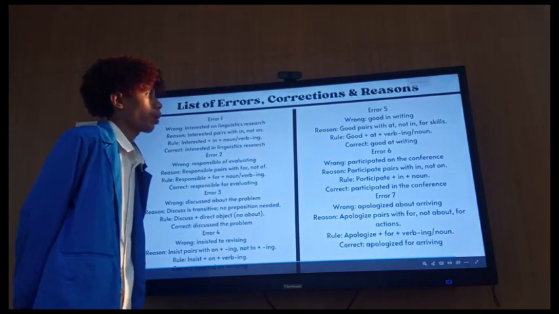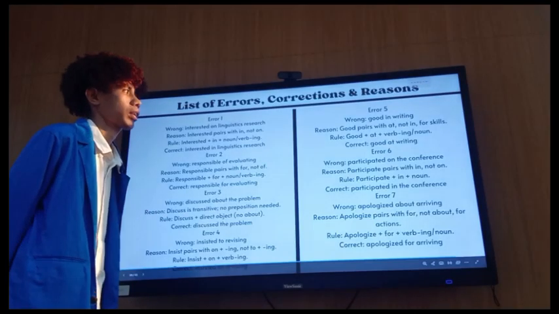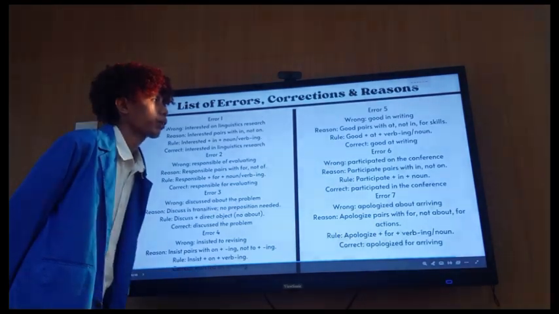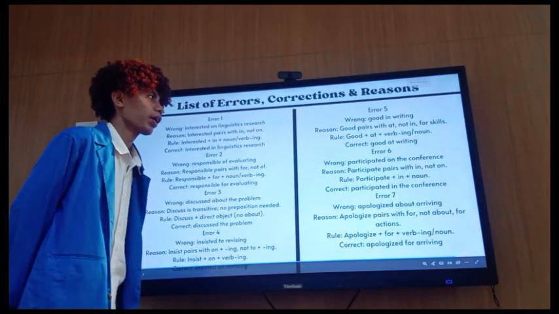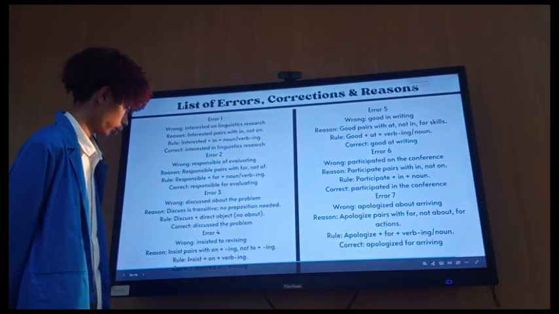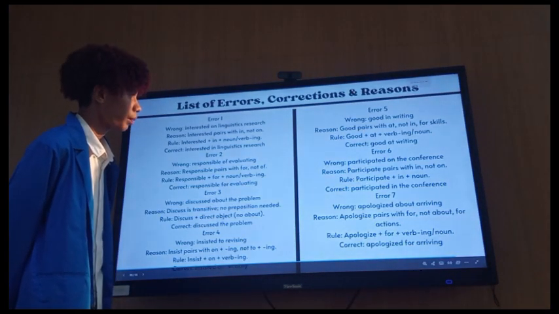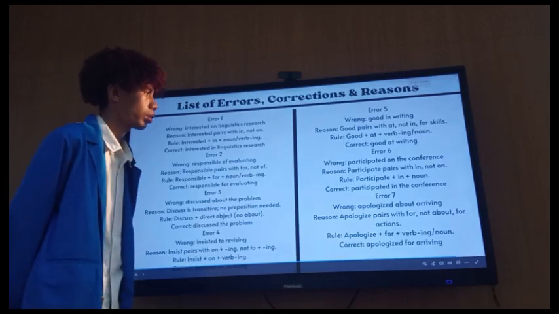Error 5. Wrong: "good in writing." Reason: "good" pairs with "at", not "in", for skills. Rule: good at plus verb-ing or noun. Correct: "good at writing." Error 6. Wrong: "participate on the conference."